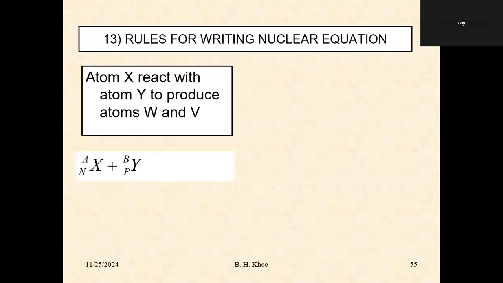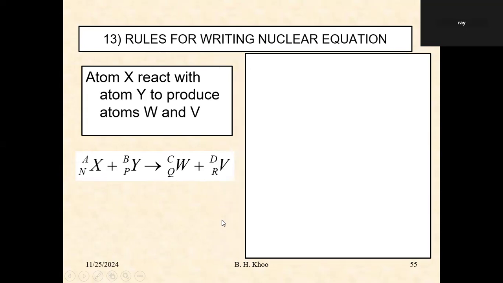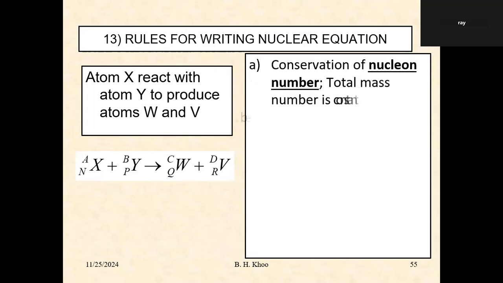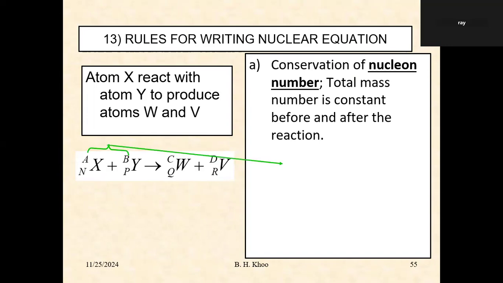So we are going to go into the rules for writing nuclear equations. Atom X reacts with atom Y to produce W and V. These represent the nuclei of X, Y, and the products W and V. Conservation of nuclear number: the total mass number, or nucleon number, is constant before and after the reaction. That means we add A plus B before, which equals C plus D after.